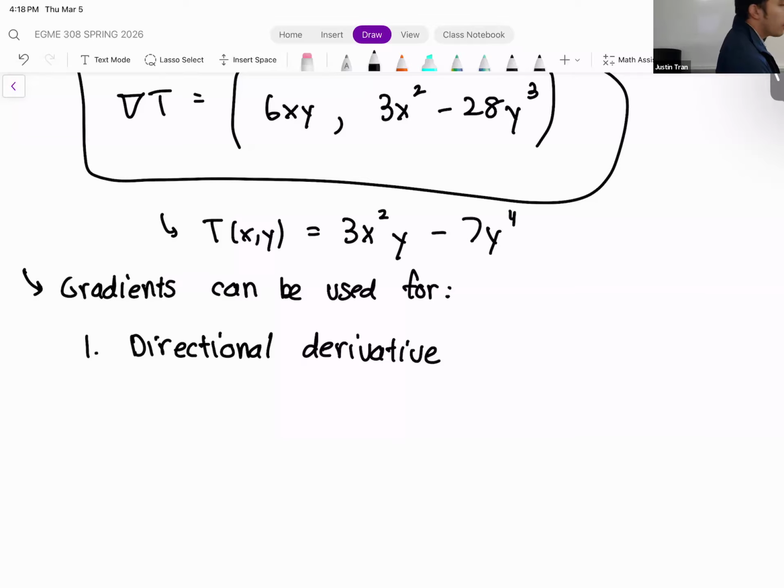Remember when we talked about dot products, one way we can use the dot product is to project one vector onto another. So you actually see that application here as well. So what's the idea of a directional derivative? Oftentimes when you have a field quantity, you are interested in the rate of change of that quantity, depending on if you go in a certain direction.